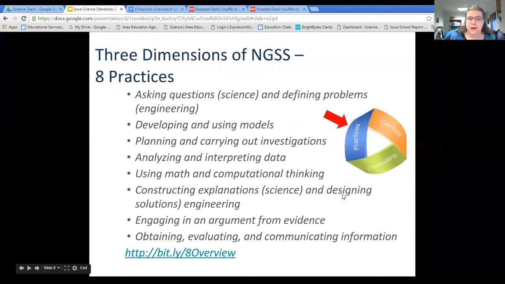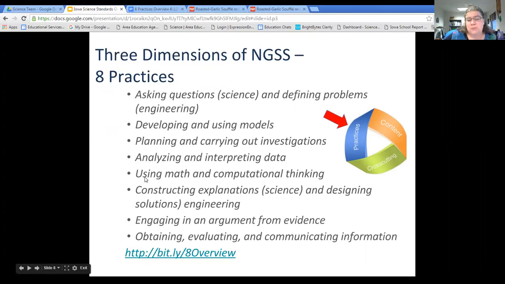As we go back to our PowerPoint, with these practices, we need to understand that our science standards will identify one practice per standard. But that doesn't mean just because that's an identified practice that it's the only practice that we would be focusing on. A lot of these practices are connected to one another.